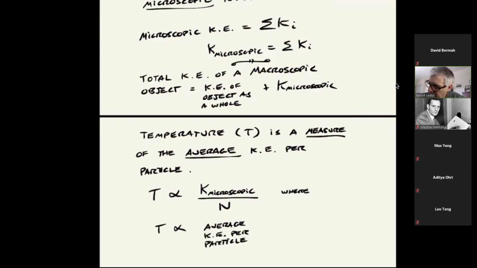Where n is the number of particles in the microscopic object. Okay. So once again here, temperature is a measure of how much kinetic energy there is per particle.